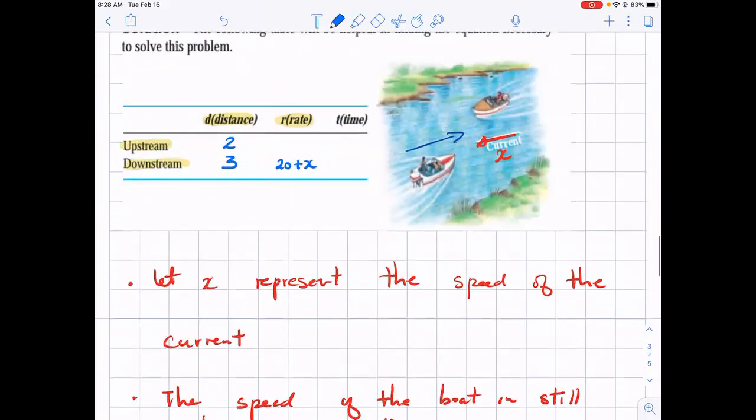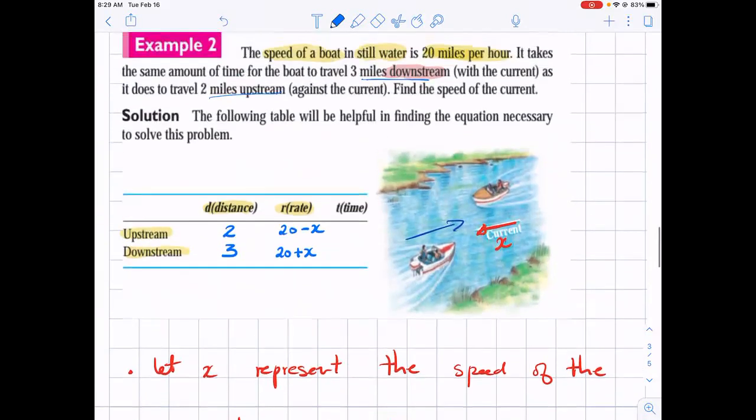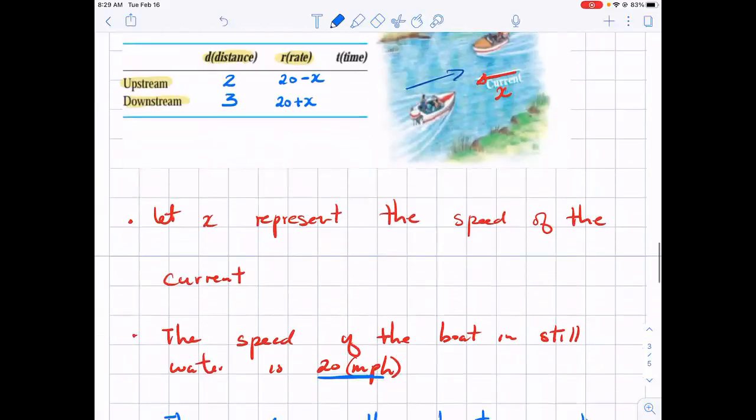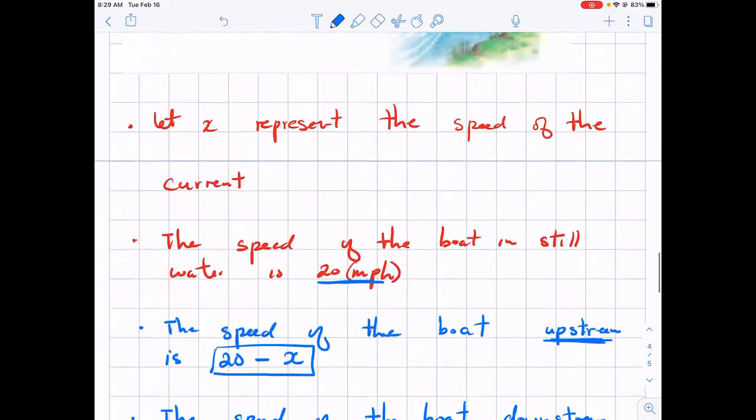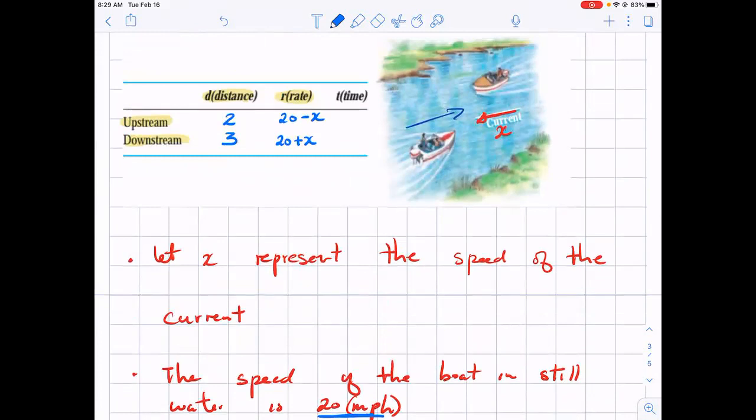So that was the information given in the word problem. We just did a lot of writing to see how we got them. Now, we want to find the time, right? And there is a strong relationship between the time, the distance, and the rate.